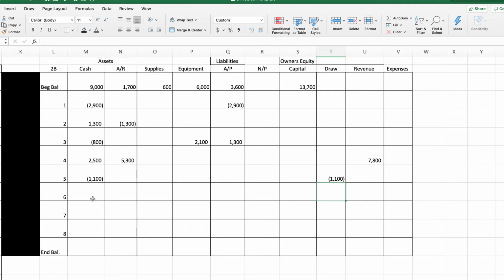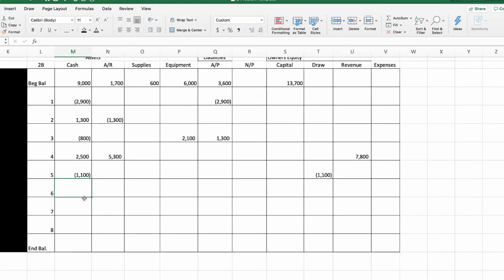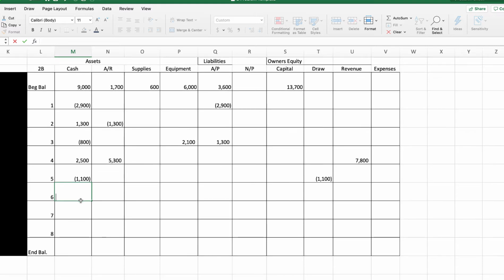How did I pay them? Has to be cash. There's no other way I can pay somebody, right? So if I look at 6 and I add up all these numbers, $1,700, $900, and $450, that gives me $3,050. So I need to subtract $3,050 from cash.